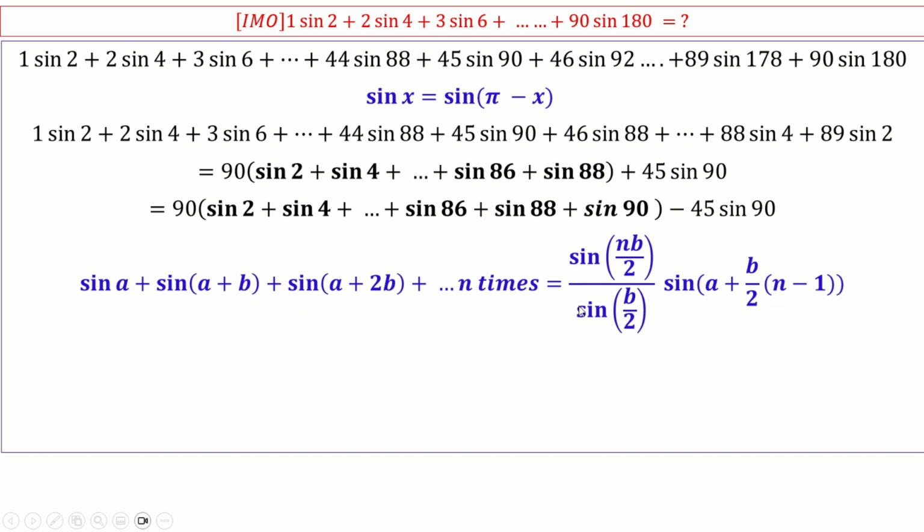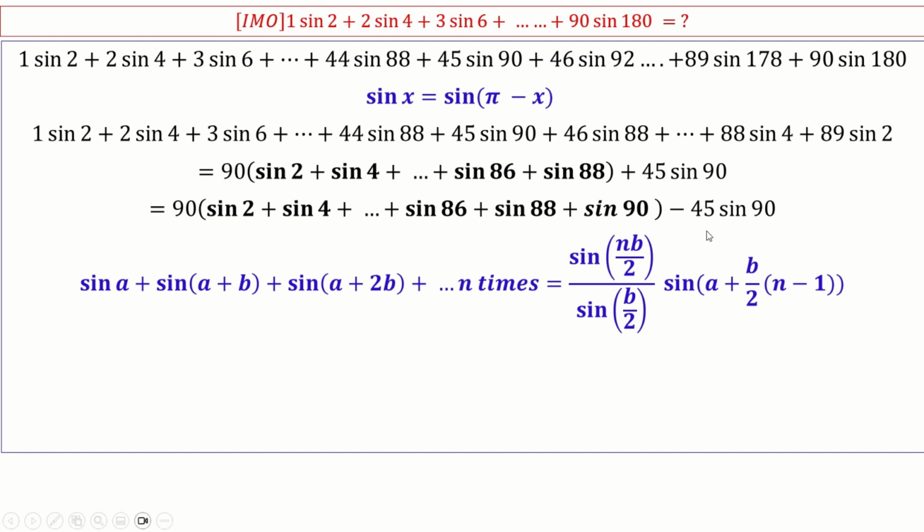If you carefully look, this is very similar to the sum of an arithmetic progression, where you will get n by 2 into 2A plus n minus 1 into d. So here B is the difference, so it is d. It's almost similar. Remembering it is easy.